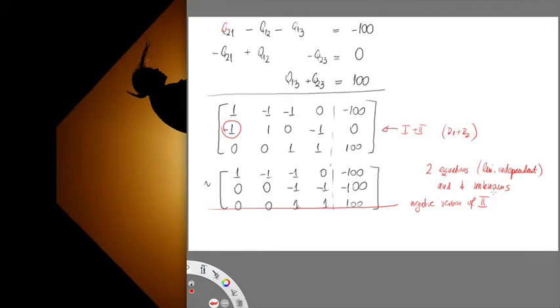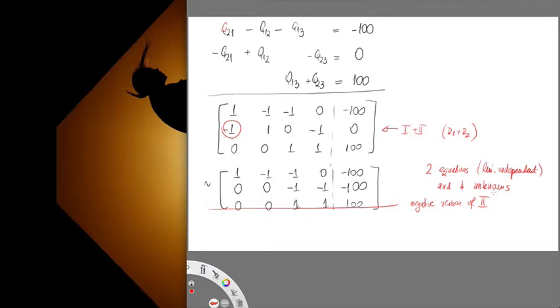So basically 2 of these variables will be up to me, and the other 2 I express in terms of the others. For one, I know that Q13 is simply Q23 minus 100 from this equation.